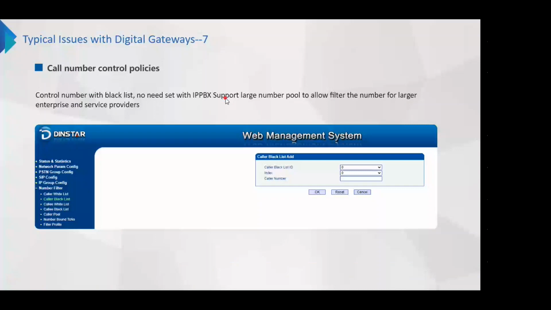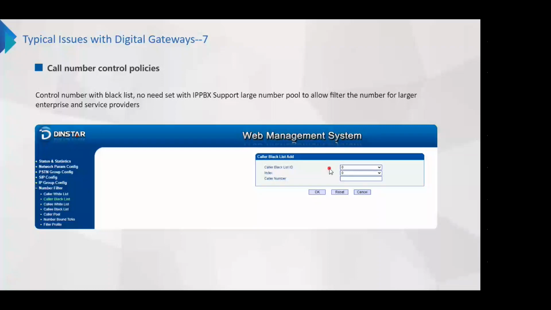Call number control policy. Sometimes, if you are a service provider, or you have a large call center, large hotline service, UC or IPBX, you don't allow certain numbers to make incoming calls. So you can use our MTG as a filter to block numbers before the call comes into your PBX. Here you can set up the blacklist, the whole pool. We support a large number pool, and you enter all the numbers you want to block or filter.